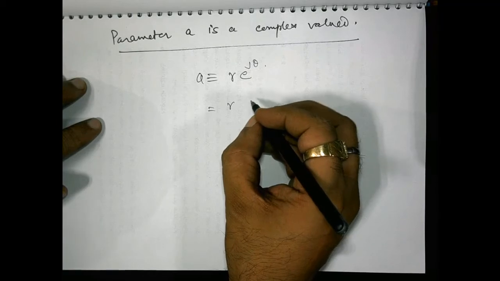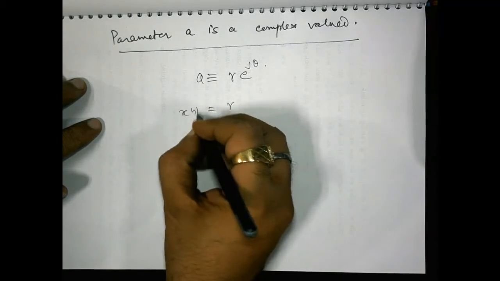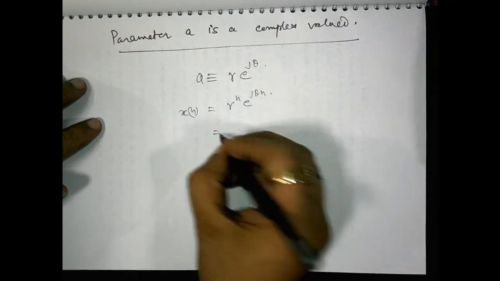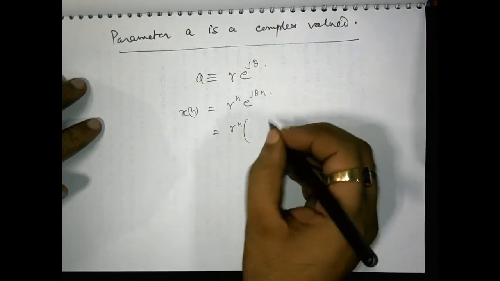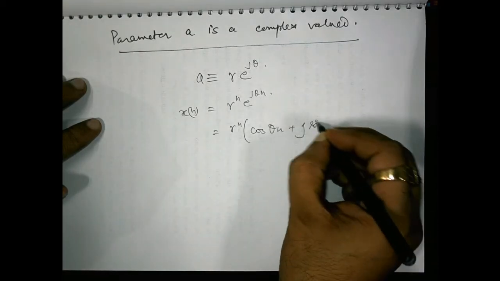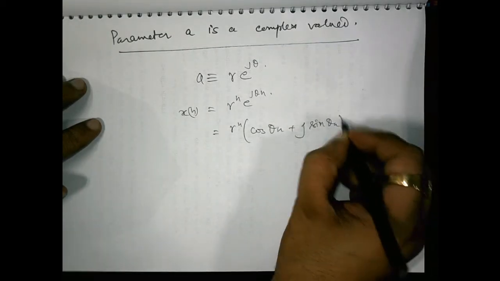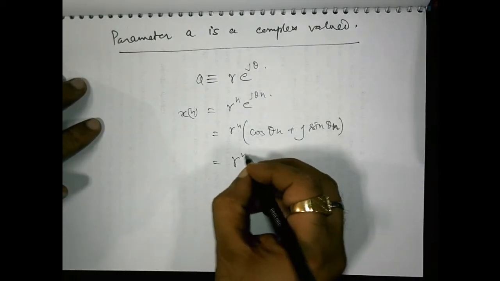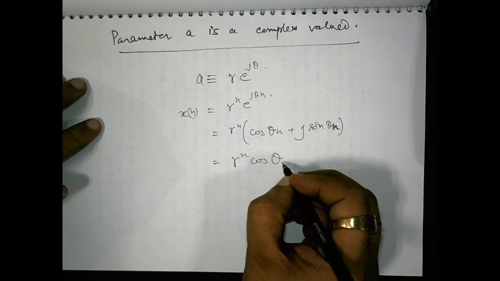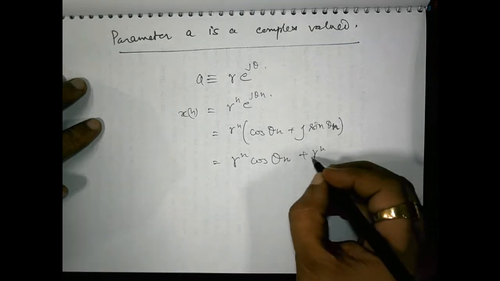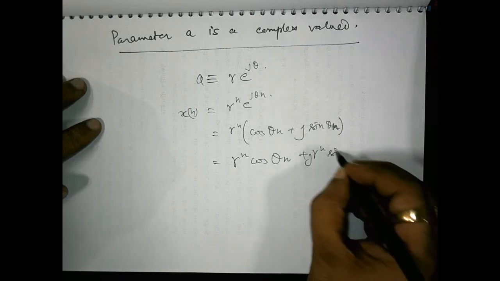x[n] can be written as R^n e to the power j theta n, and this will be equal to R^n (cos theta n plus j sin theta n). Naturally this will have the form R^n cos theta n plus j R^n sin theta n.